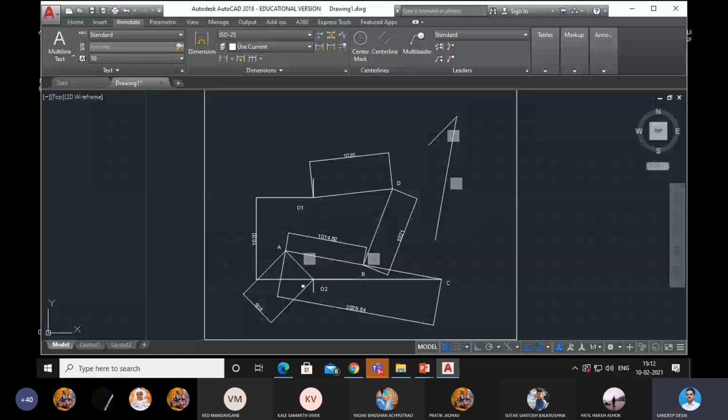These are fixed points, O1 and O2. This is A, this is B, this is C, this is D.